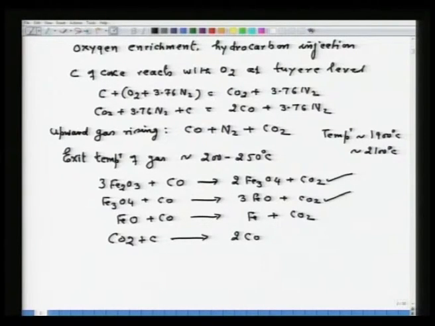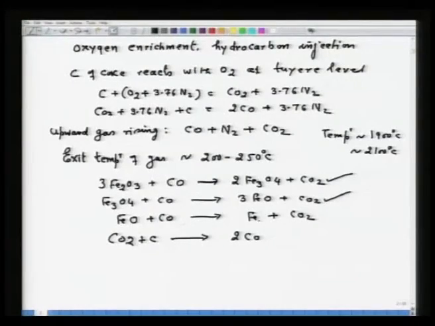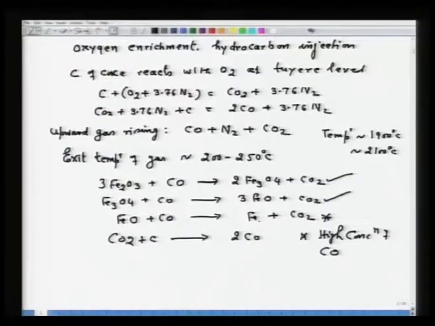So, they can occur towards the upper region of the stack, whereas the reaction FeO plus CO equals Fe plus CO2 requires high concentration of CO, and at around 900 degrees Celsius, the equilibrium concentration of CO in CO-CO2 mixture should be around 65 to 70% for FeO to be able to reduce to iron.